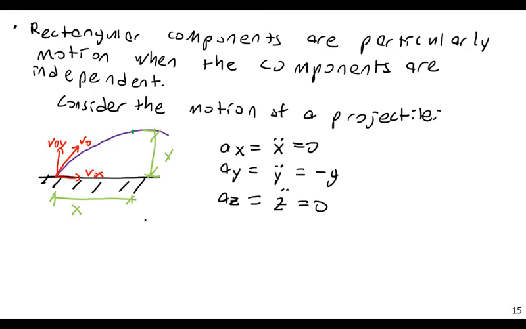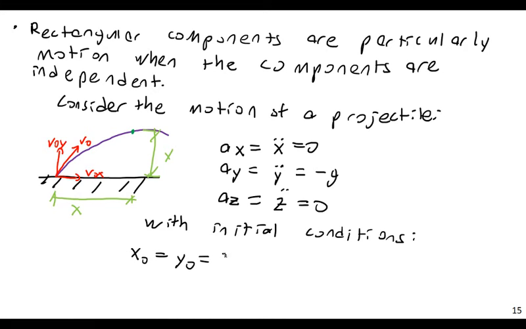And then I have initial conditions, or boundary conditions. With initial conditions, x naught equals y naught equals z naught equals 0, and also vx naught and vy naught would have some known value, and vz naught is equal to 0.